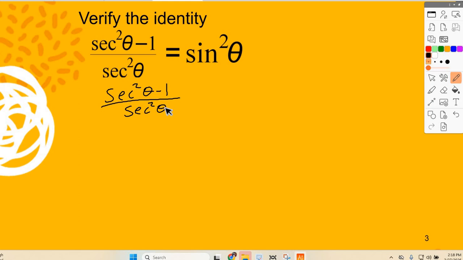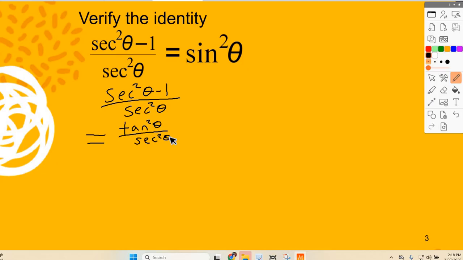Okay, I'm okay with that. So I'm getting rid of my subtraction, because again, notice I don't have subtraction on my right side. And we're wanting to end up with a sine squared.